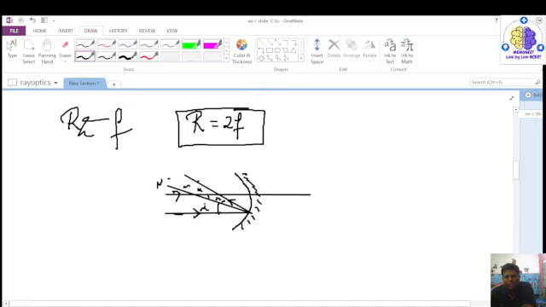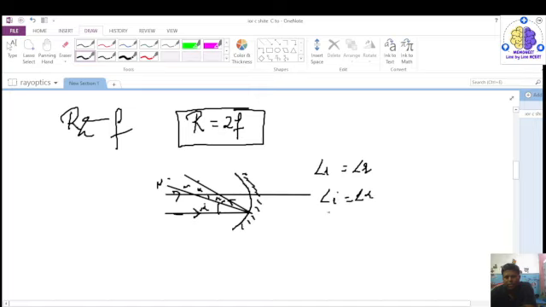And we know that because reflection is taking place, angle i is equal to angle r, and from here by the parallel lines theorem, angle i is equal to angle alpha, right?